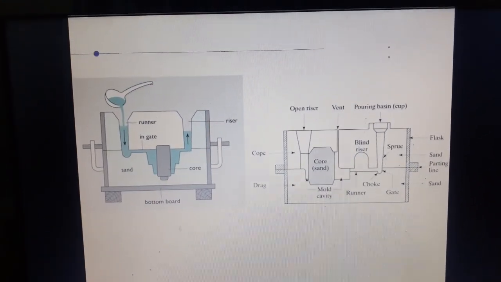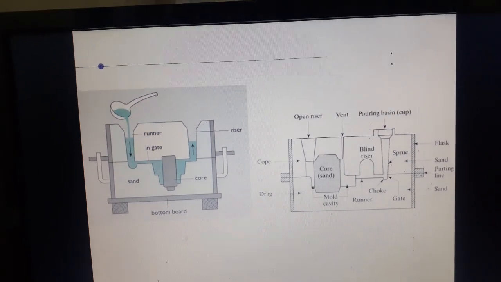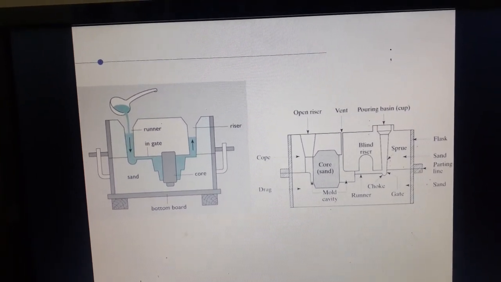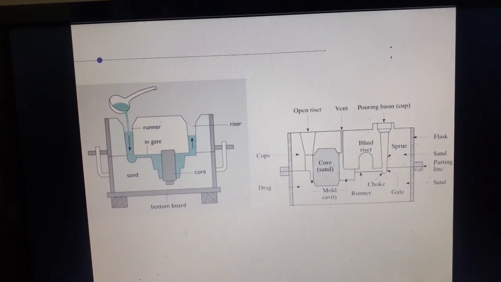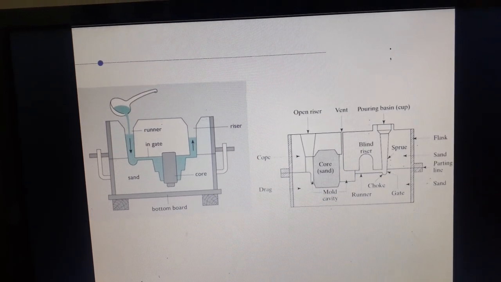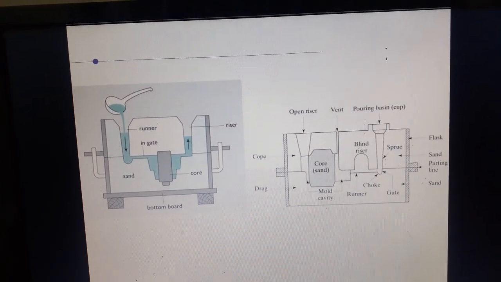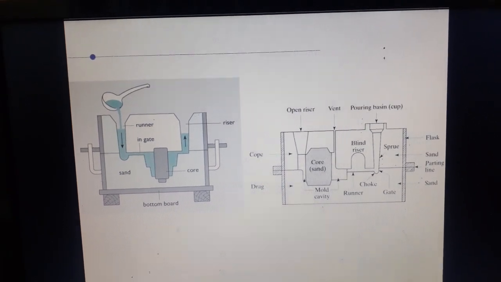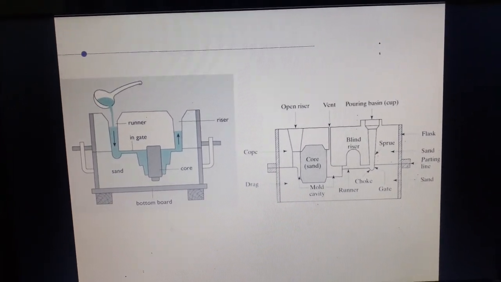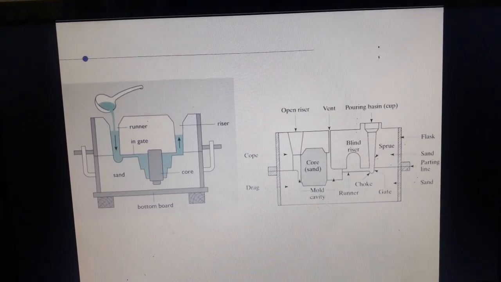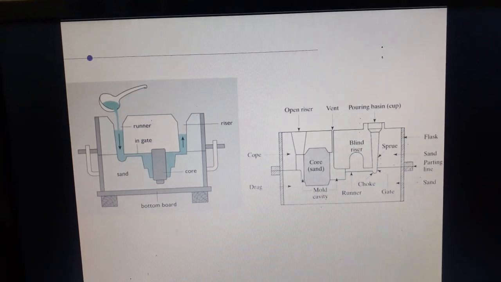In this diagram you can see there are two molding flasks called the cope and the drag. The upper molding flask is called the cope, whereas the lower one is called the drag. Then there is riser, runner, gate.